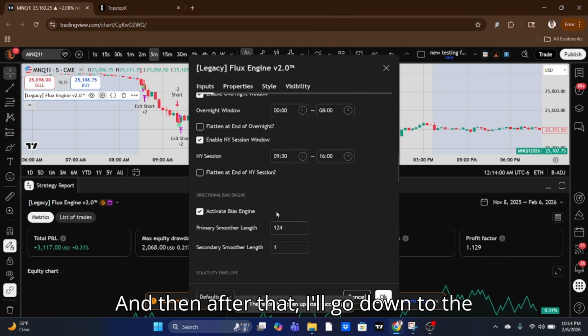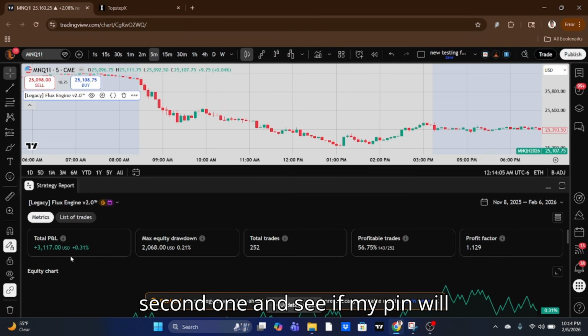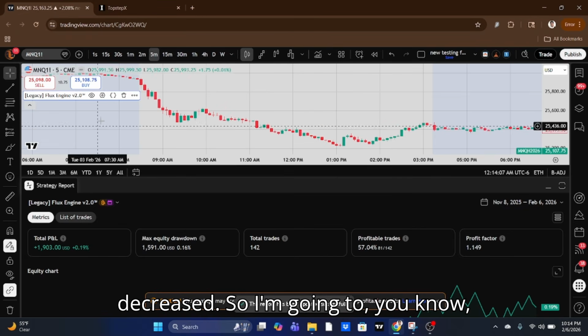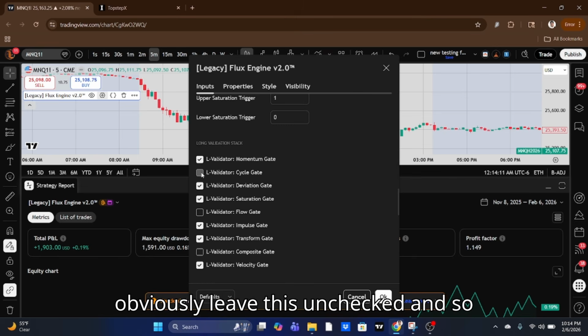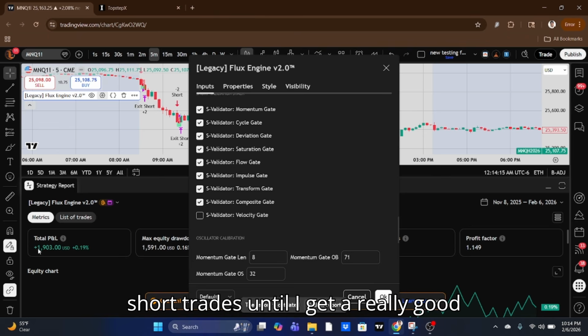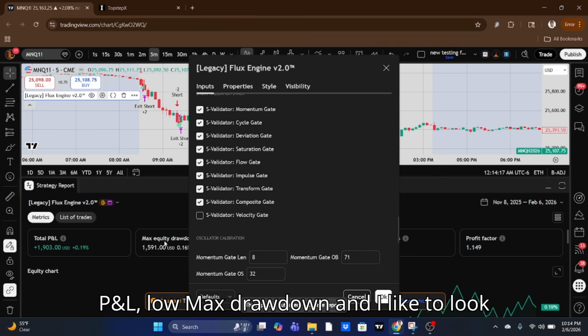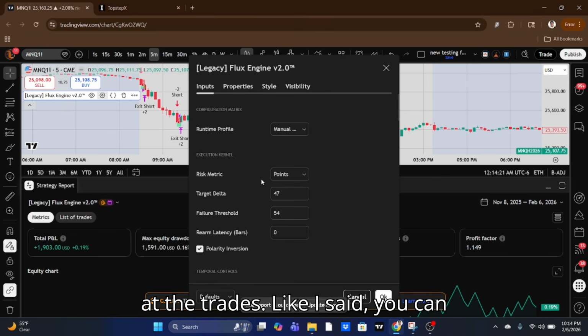And then after that, I'll go down to the second one and see if my PNL increases or decreases. It actually decreased. So I'm going to obviously leave this unchecked and so forth. I do this for long trades and short trades until I get a really good PNL, low max drawdown, and I like to look at the trades. But like I said, you can experiment with it.